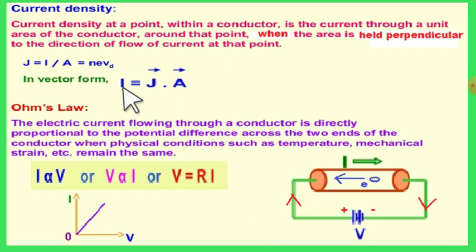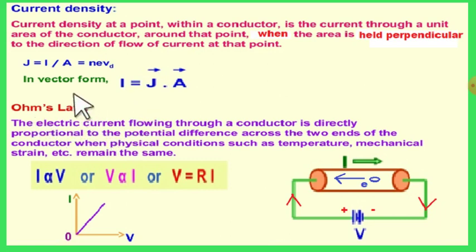Now your conventional current I is a scalar quantity, whereas your current density is a vector quantity. Perpendicular to that cross section, I should say, your current flows across it. So your current density is a vector quantity, and your conventional current is a scalar quantity.